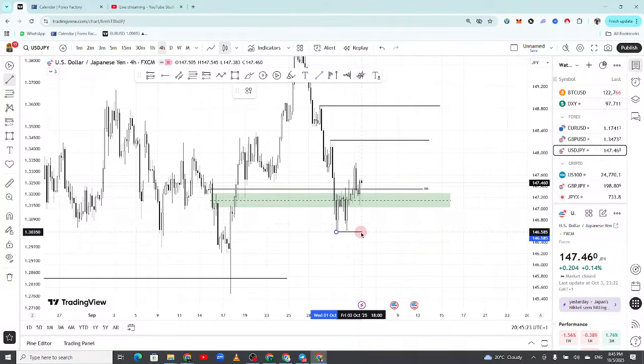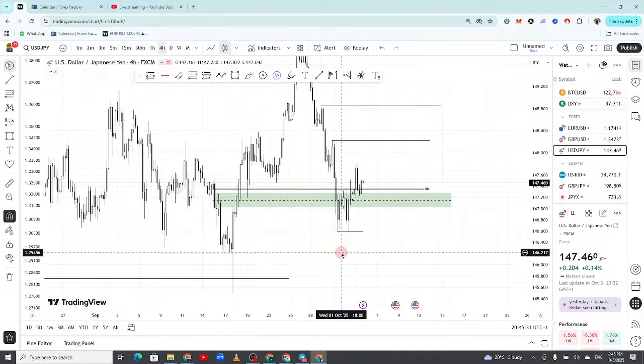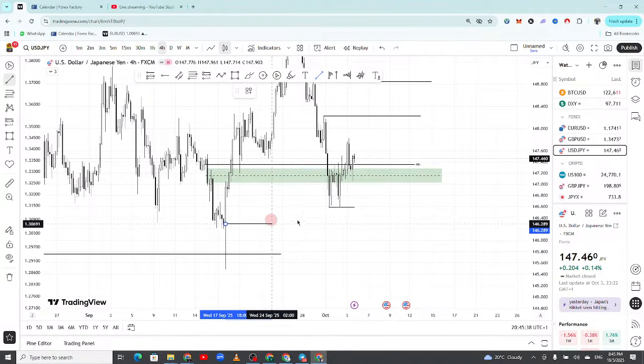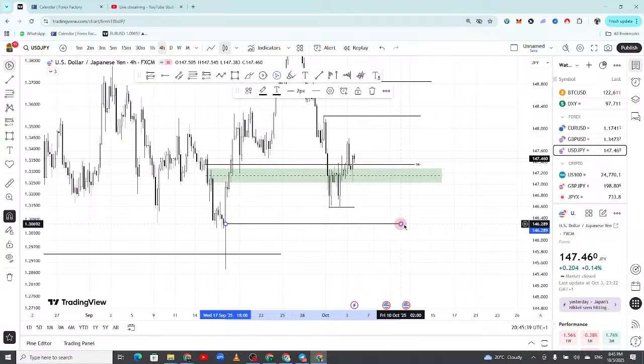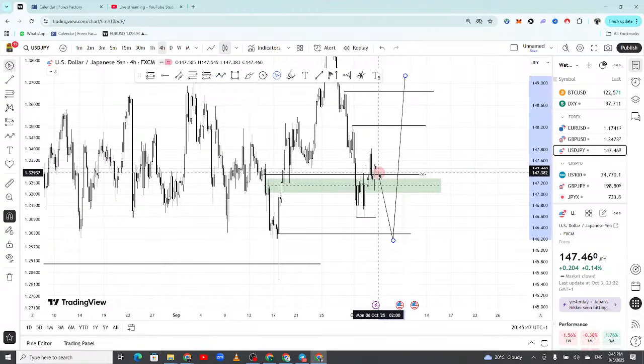We have the typical lows here. This is a rejection block here, this one. We can have price do something like this. Remember, we're expecting USD to sell before buying. So if USD wants to sell, then we can likely have this do something like this.